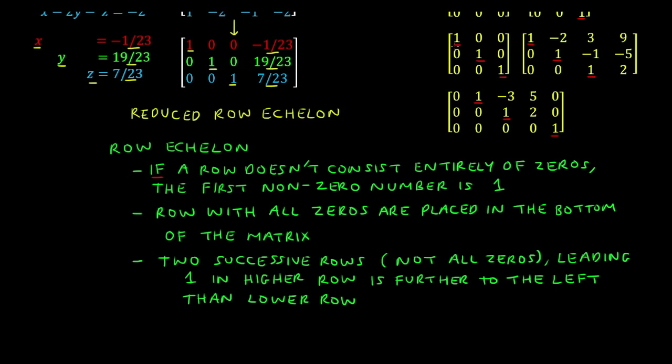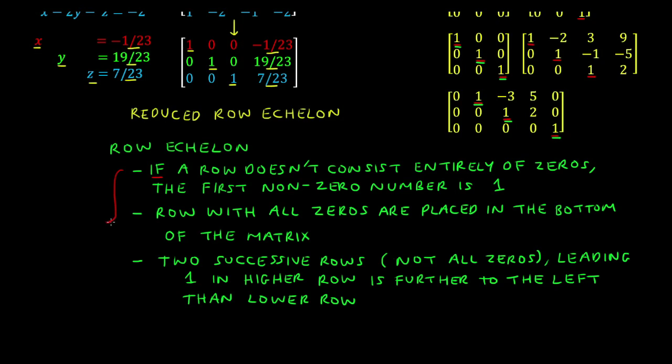So as we can see, the 1 in the higher row is further to the left than the 1 in the lower row. And the same applies to the third row compared to the second. So here we also see that as we go down the rows, the 1s are further to the right.